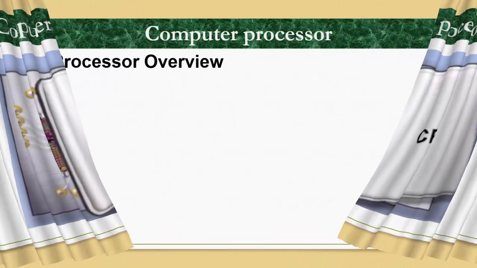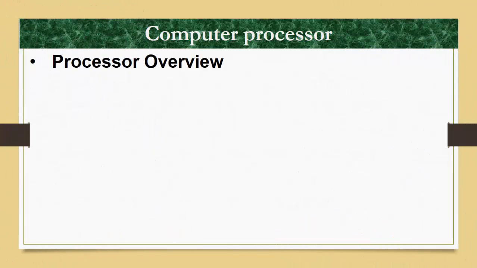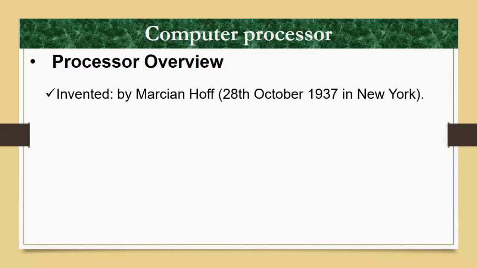Students, let's have an overview of the processor. Processors were invented by Marty Hoff on 28 October in 1937 in New York.